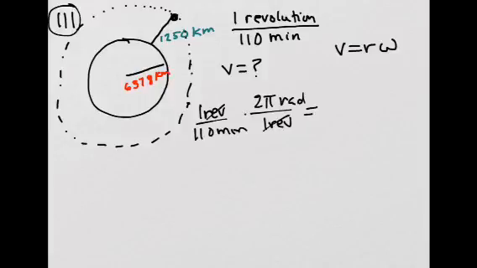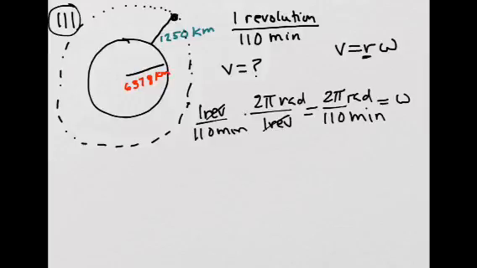So now I've got, you can reduce it if you want or leave it like it is, 2 pi radians over 110 minutes. So this is omega. Okay? So all you need to do now is multiply r, the radius. Now be careful because initially I made this mistake myself.